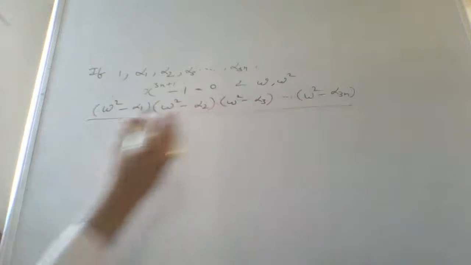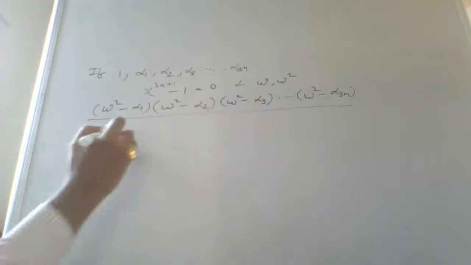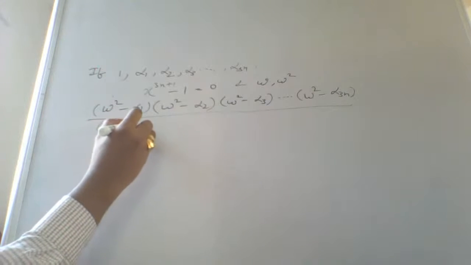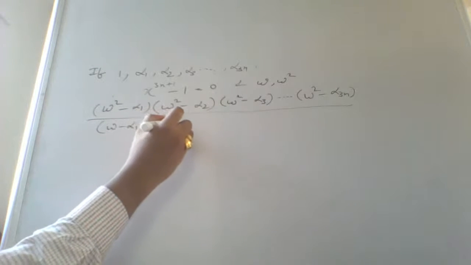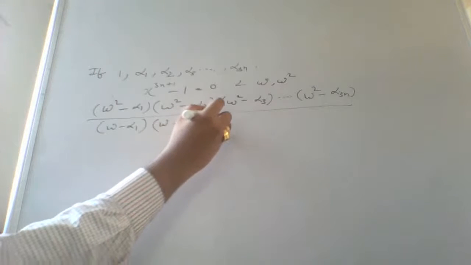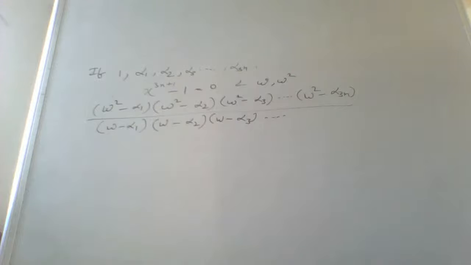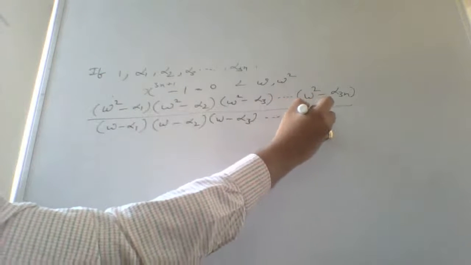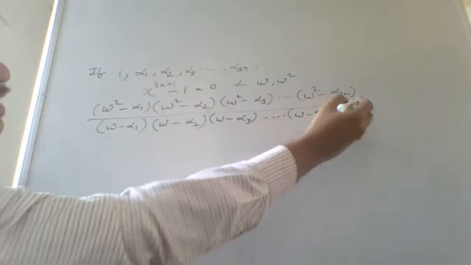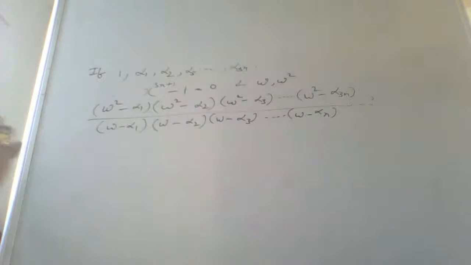divided by omega alpha 1, omega alpha 2, omega alpha 3, and omega alpha 3n is equal to, what will be the solution for this?